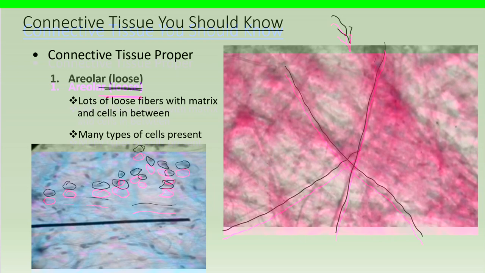Where do you tend to find your areolar tissue? Right underneath epithelial tissue. This is the type of tissue that provides the most nutrients to your epithelial tissues. This guy is key.